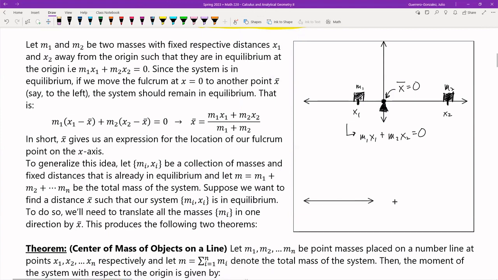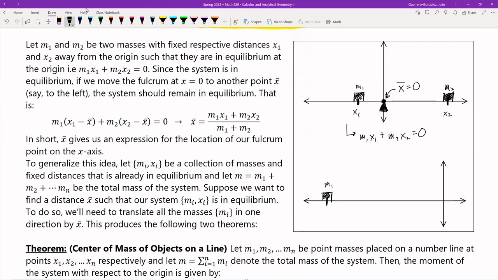Now comes the next part of this entire thing. We know that the system is balanced. Suppose we just picked up the entire system and moved it a specific amount. So suppose we picked up our values. I'm going to put the box over here.